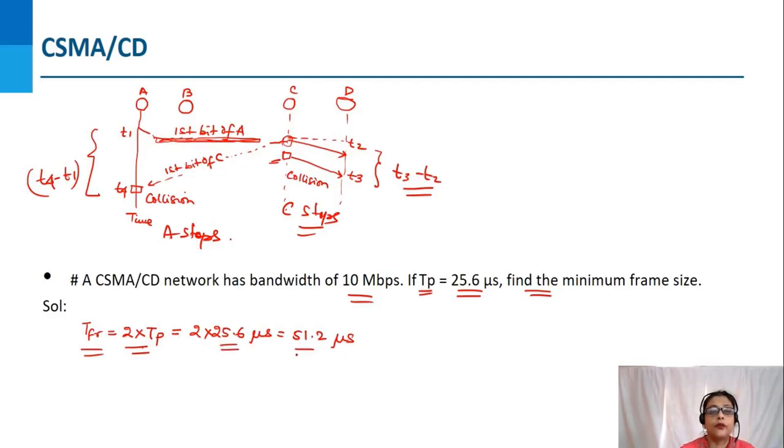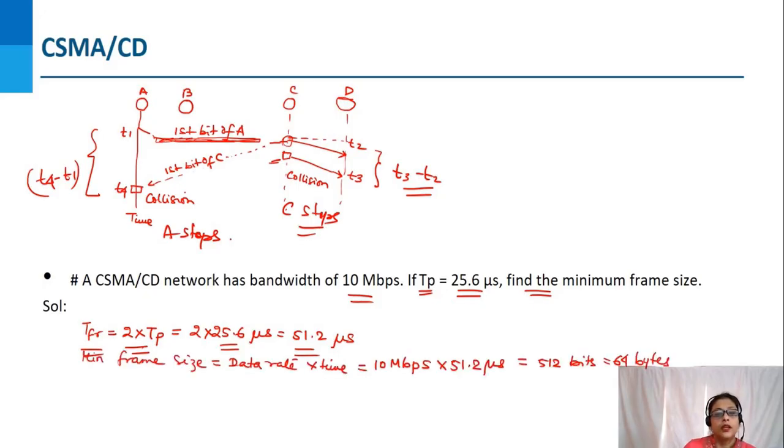So TFR will be equal to 51.2 microseconds. The minimum frame size should be given as data rate into the time that we have obtained. So 10 Mbps into 51.2 microseconds. So 512 bits or 64 bytes. So this is the minimum frame size.